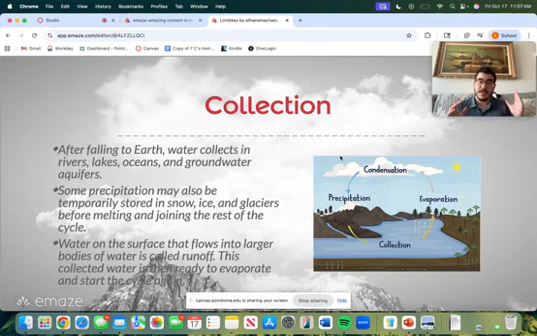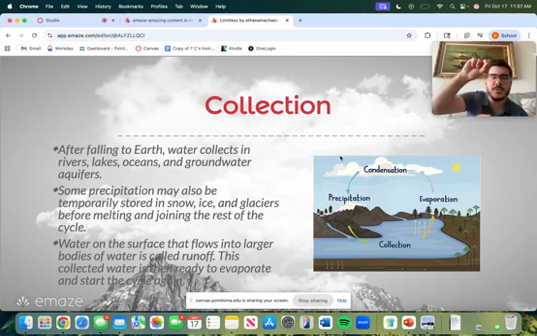So, let's stop here. By now, you should have your piece of paper that was initially blank. It should have all four stages. You should have the arrows connecting the stages, and you should have about two or three bullet points or descriptions under each one, under condensation, precipitation, evaporation, and collection.